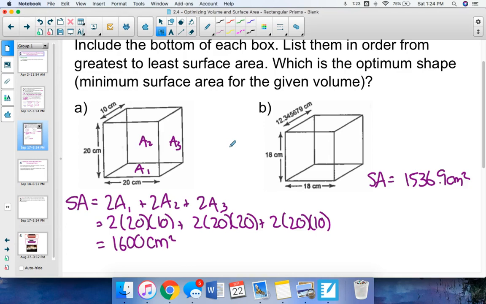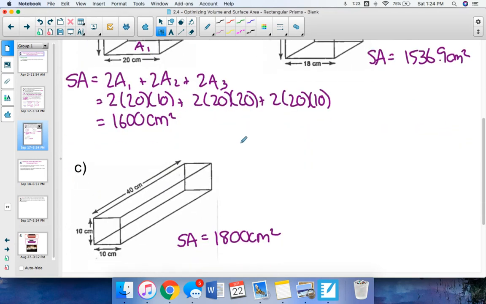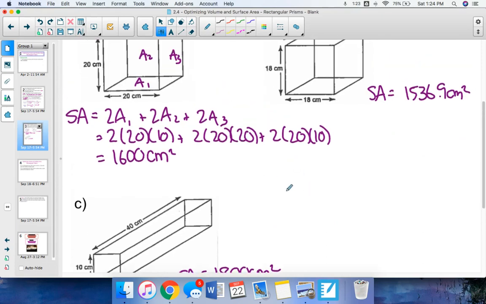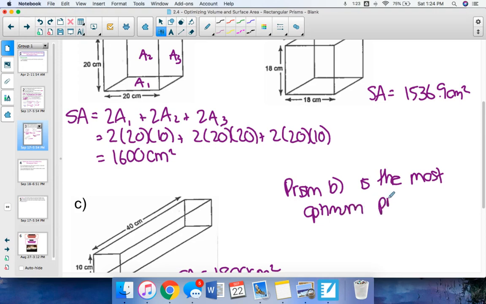Okay, so that's why it's actually applicable to real life. So therefore, let's say prism B is the most optimum prism.